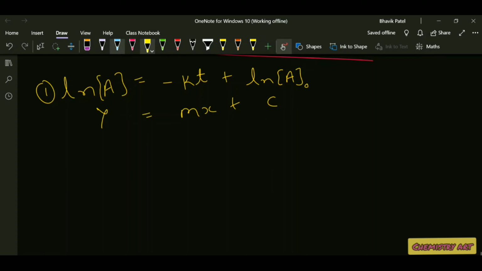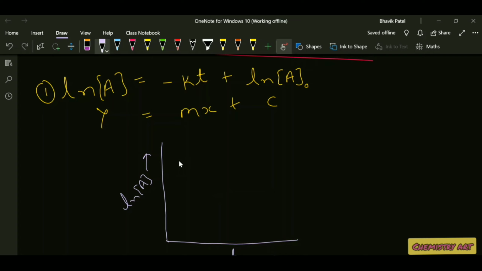So let me plot a graph. On the y-axis we have to take ln A, and on the x-axis we will take time t. Here the slope will give the value of minus k.